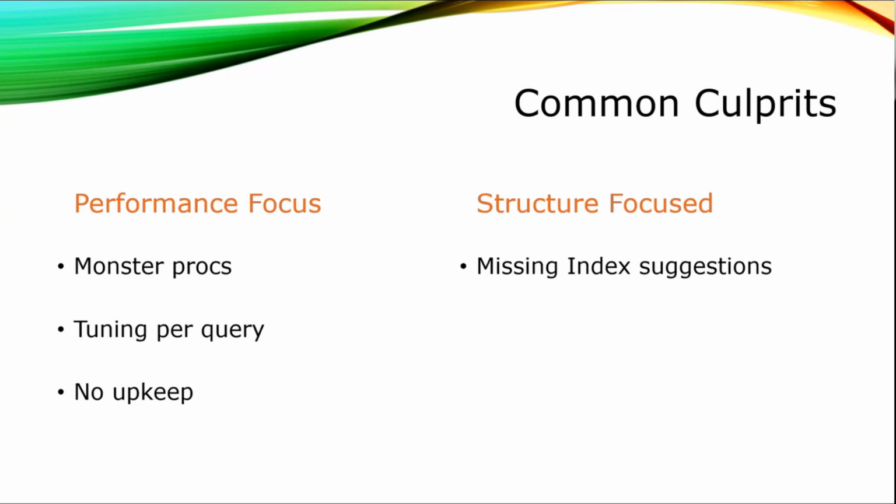And then as far as the structures are concerned, things can get out of whack, especially when you have people going in and making changes on a whim, such as the missing index suggestions on execution plans, because SQL loves popping up that little green text saying, hey, I'd love this index, but blind obedience is not always the best plan of attack.